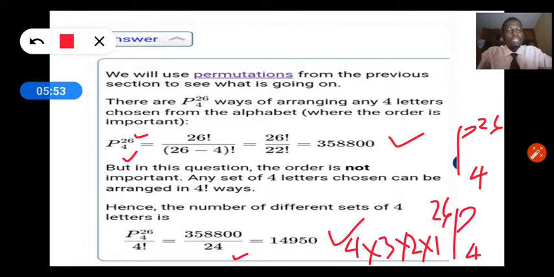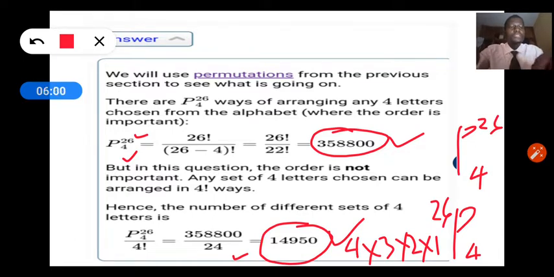Obviously, you see that this answer here is less than what we have here. Because order of arrangement is important, this one is as high as this. And for here, because order of arrangement is not important, we have to divide by that 24 to further reduce it to what we have on the screen. So that gives us our first example.